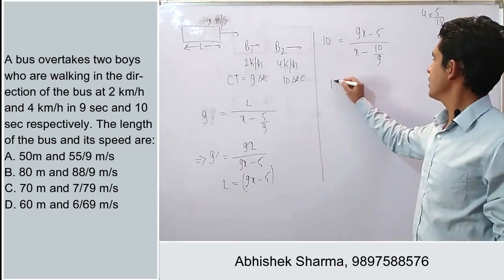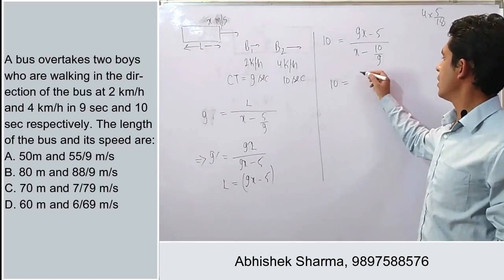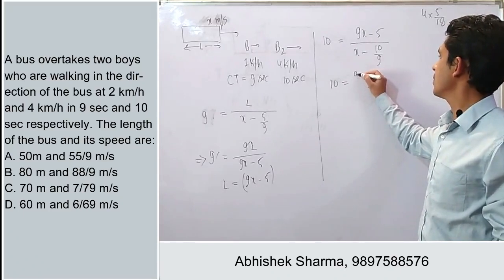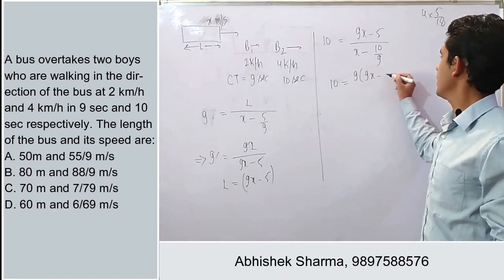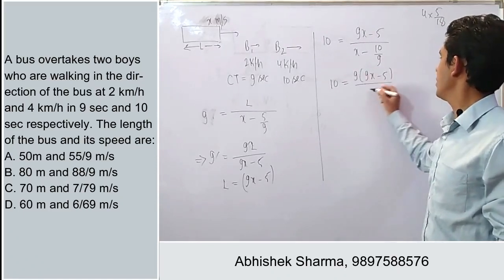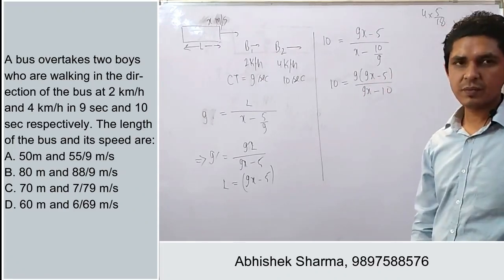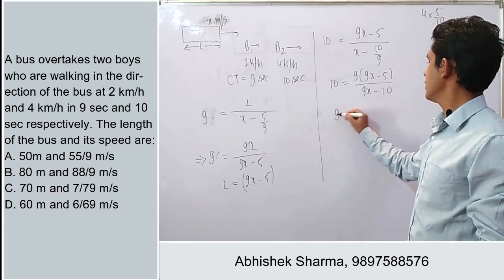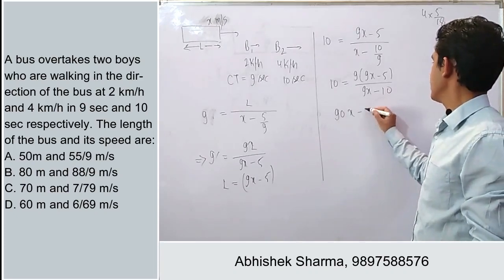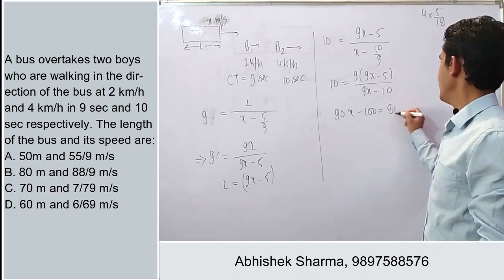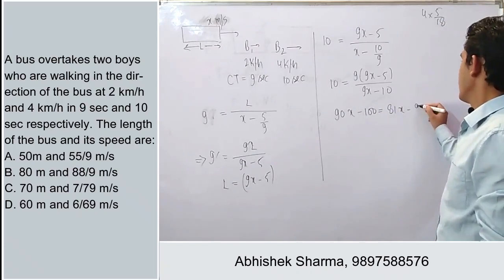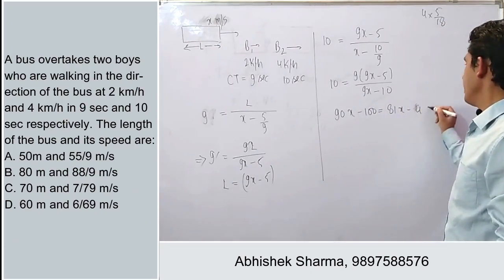So when solving, 10 is equal to 9 multiplied by (9x minus 5) divided by (9x minus 10). And when solving this, 90x minus 100 is equal to 81x minus 45.